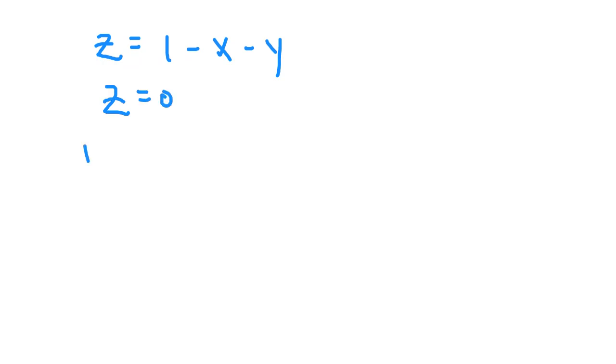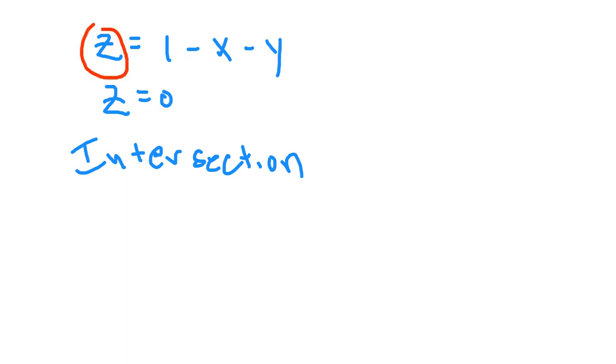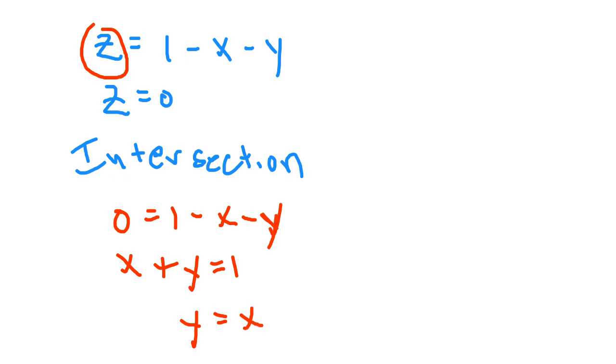Okay, so let's put in z equals 0 here. So 0 will equal 1 minus x minus y. So that means that x plus y equals 1, or y equals 1 minus x.